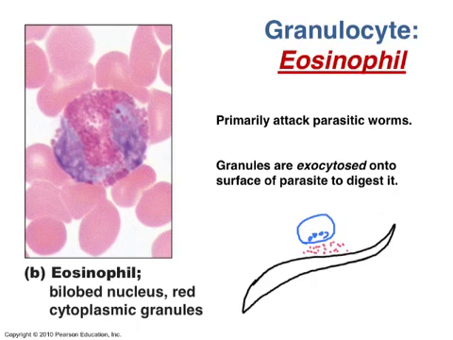Right? Can't take the worm in, so it digests it outside of the cell. For identification, eosinophils have a bilobed nucleus. You tend to see two major lobes. And in a typical blood stain, the eosinophils have red staining granules.